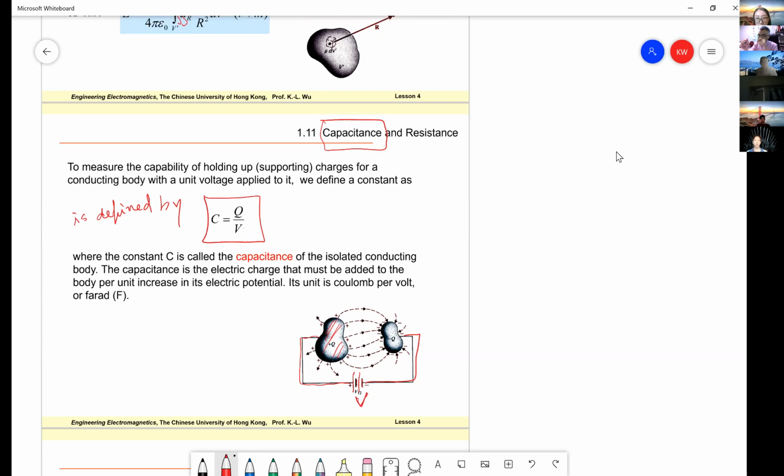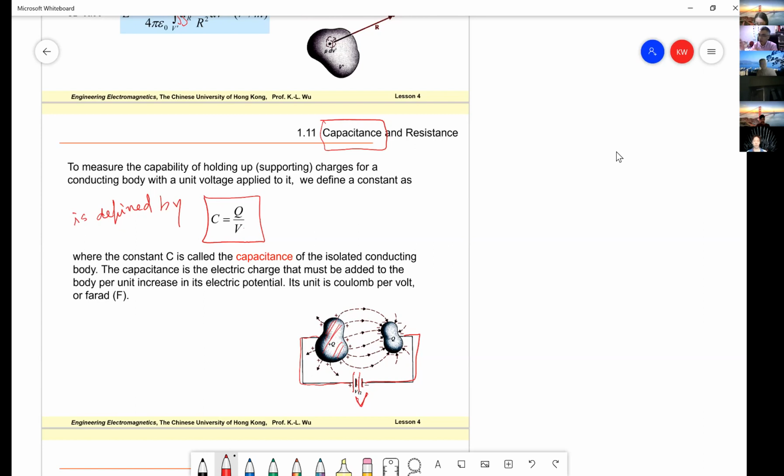Right now, what I illustrate here is only two conductors. What I emphasize is this definition. You may say, oh, I learned this in high school, you don't need to repeat. If I don't repeat, let me ask you one small question.